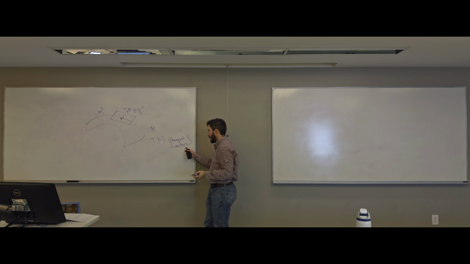So this is just a collection of tangent vectors with a topology on it. So if you have an n-manifold to start with for your base space, and you have tangent vectors.